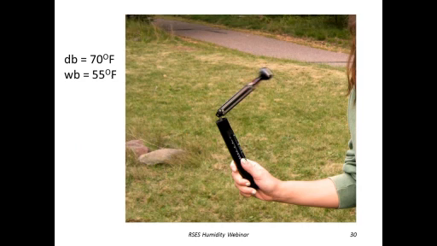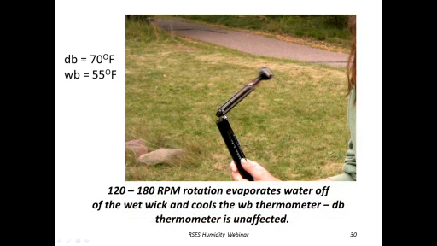And this shows a young lady actually doing a measurement with a sling psychrometer. In this case, she got a dry bulb of 70 degrees Fahrenheit, and she got a wet bulb of 55 degrees Fahrenheit. Proper practice requires you to rotate that at a speed of between 120 and 180 RPM.